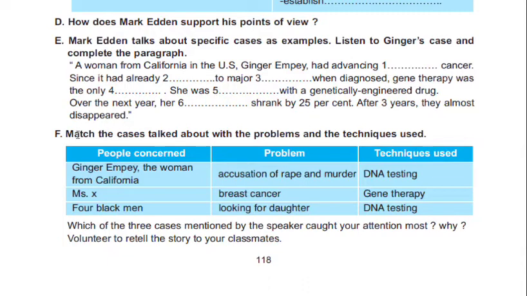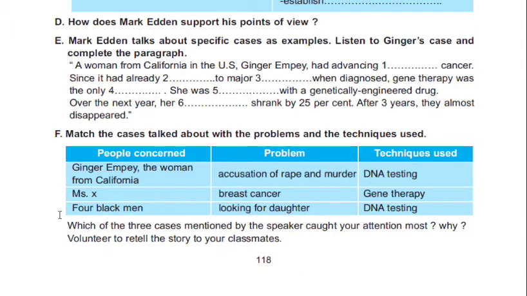Moving on to F. The examples he used are 3. That of, in the beginning, Ginger MP, that we have seen a moment ago, the woman from California who had breast cancer, and gene therapy was the technique used. His example, however, in the end of the passage, was Ms. X looking for her daughter, whom she gave for adoption, and DNA testing was used to prove the parental link between her and her daughter.